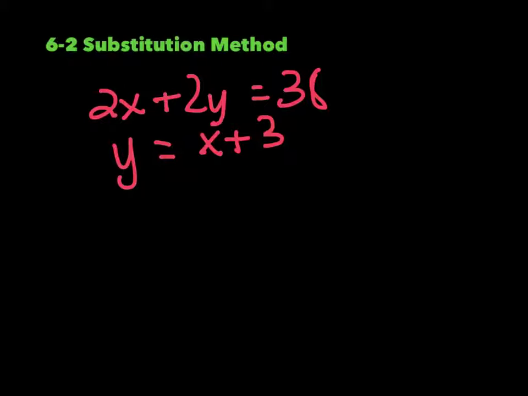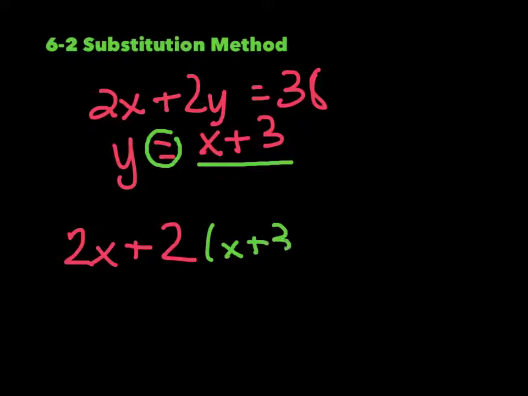So if this is telling you that these two things are the same, this is exactly the same thing as y. So I'm going to take that and plug that into y on my first equation. So I'm going to take 2x plus 2 times what I know is the same thing for y, which is x plus 3, is equal to 38.